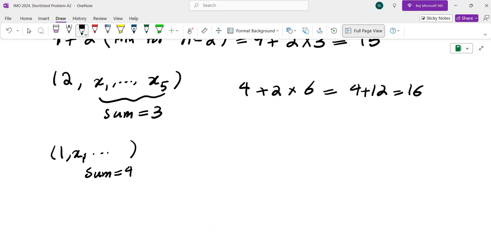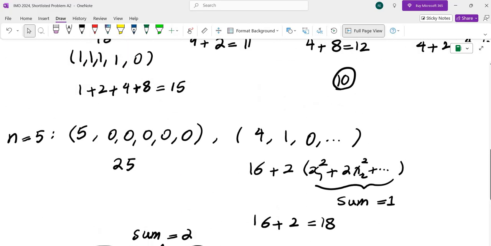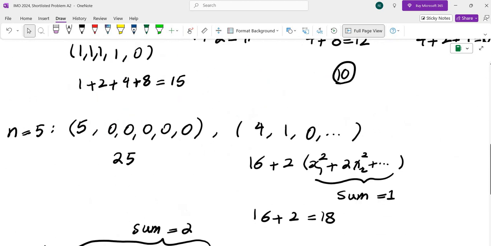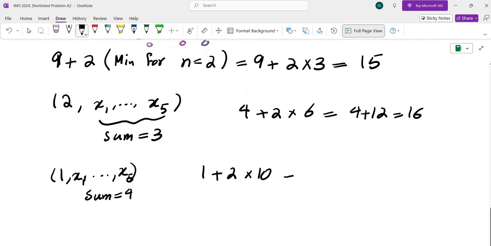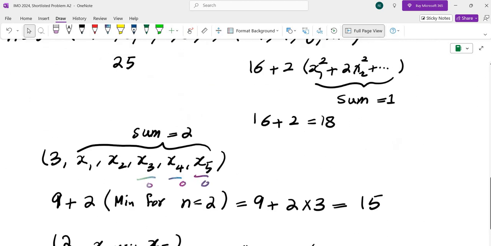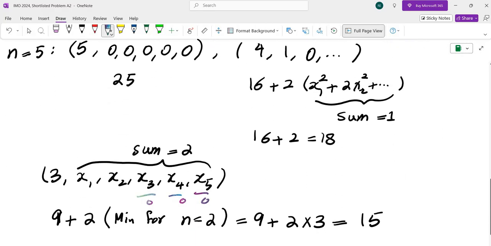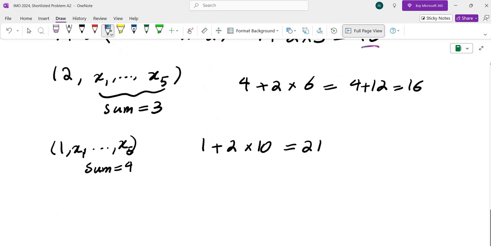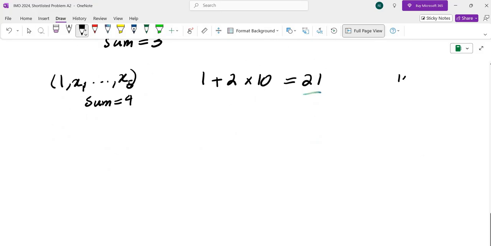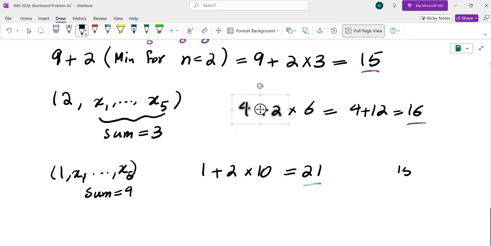I have x1 through x5, the sum is 4. So the minimum is 1 plus twice the minimum for 4. The minimum for 4 is 10, which gives 21. So the numbers that I got are 25, 18, 15, 16, and 21. So for n equals 5, 15 is in fact the minimum value that we get.